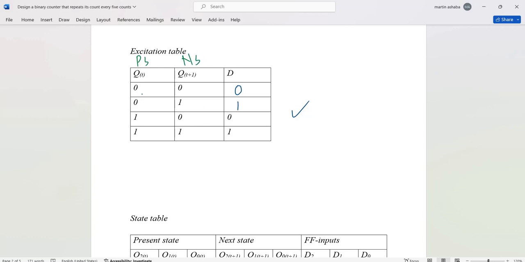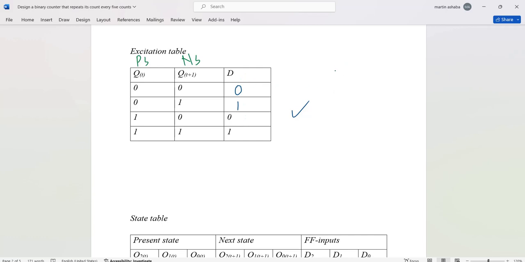If we have a 0 at the current state and we want a 0 at the next state, then we have to put 0 to the input at D. If we have a high state at the current state and we want a high at the next state, then we need to supply a high or a logic 1 to the D input of the flip-flop.